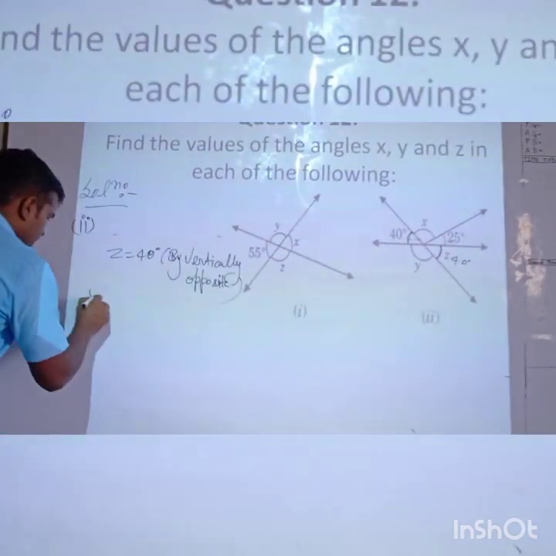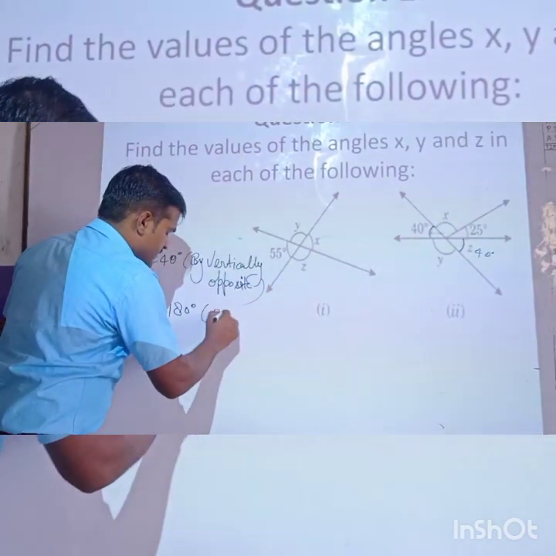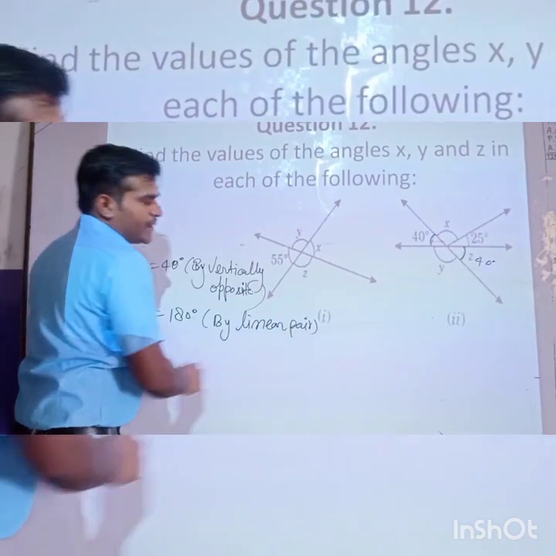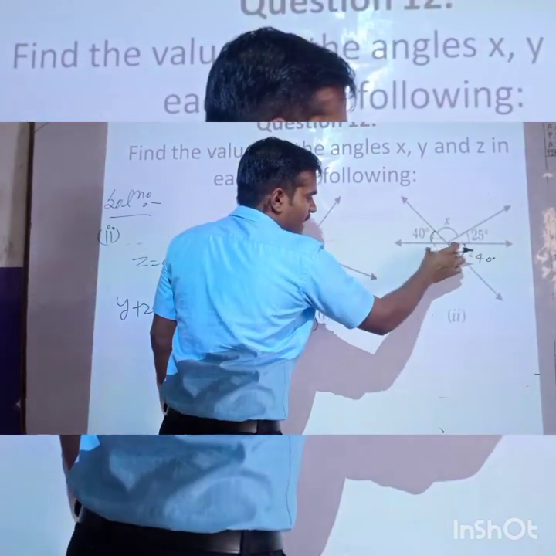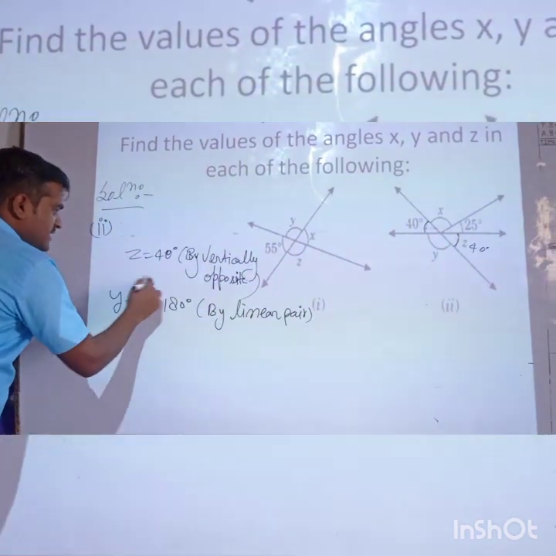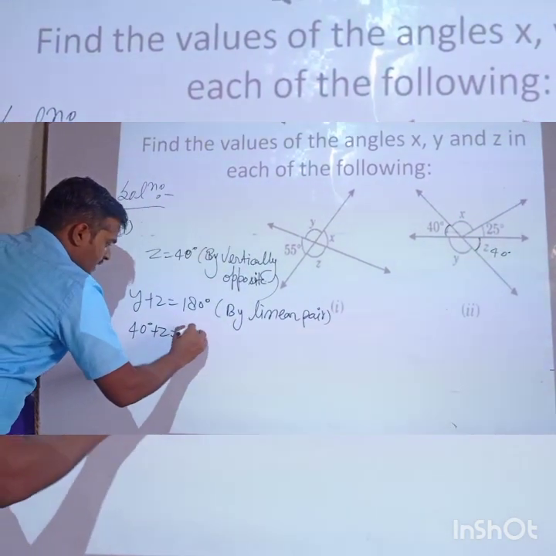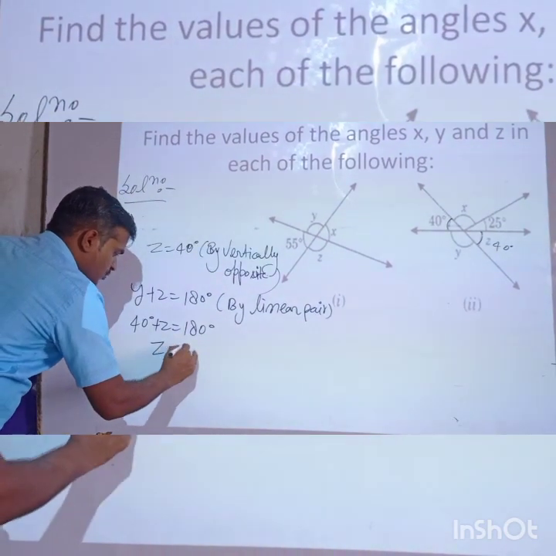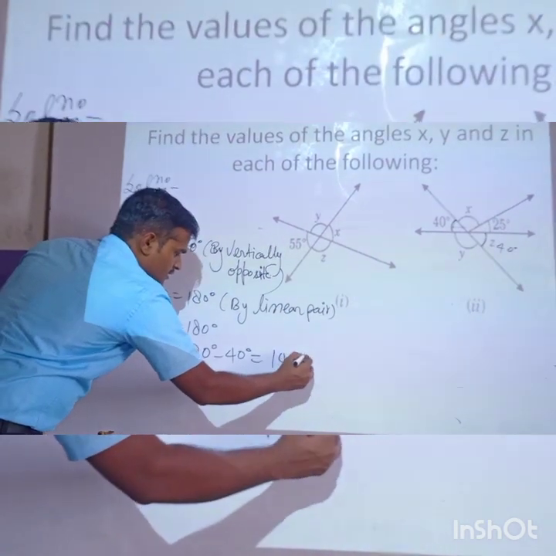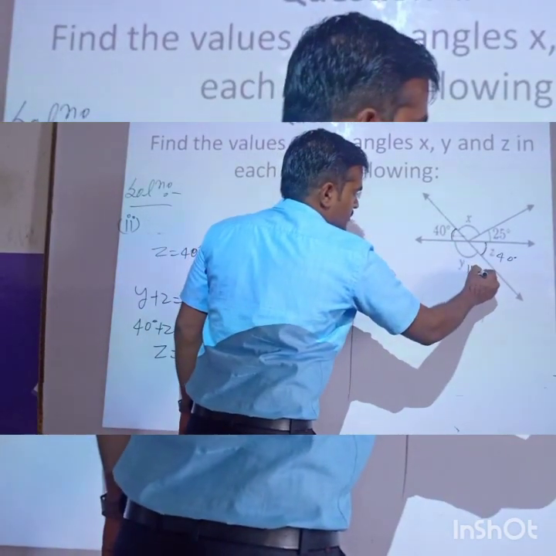So children, we will write y plus z is equal to 180 degree by linear pair, because when we add them we get a straight line, that is 180 degree. So 40 degree plus y is equal to 180 degree. Now y is equal to 180 degree minus 40 degree is equal to 140 degree. Okay, we got the value of y, that is 140 degree.